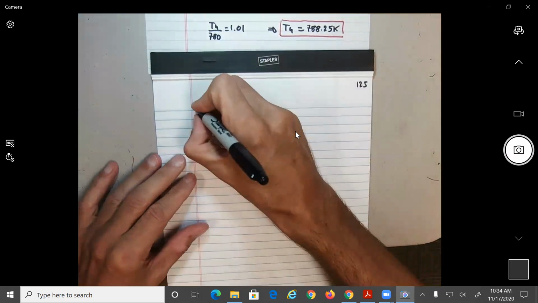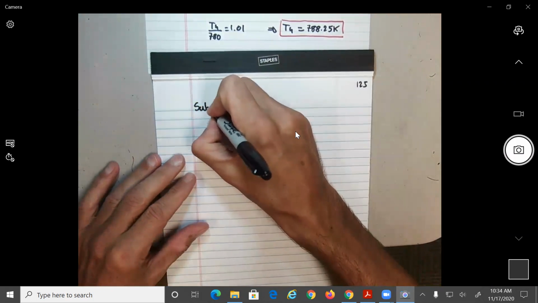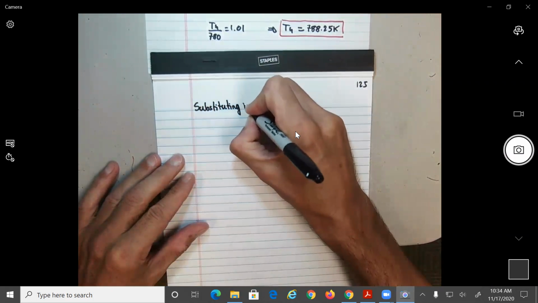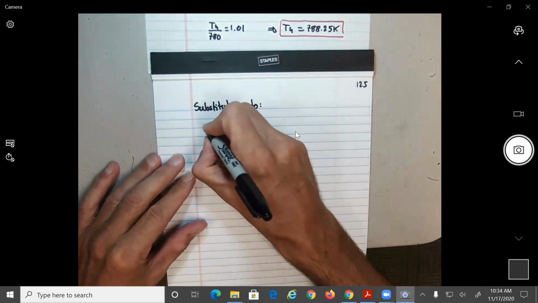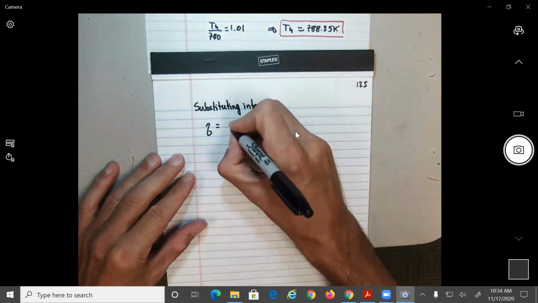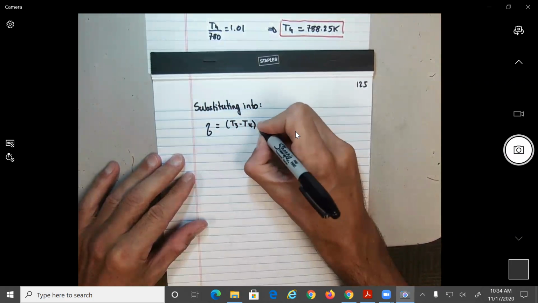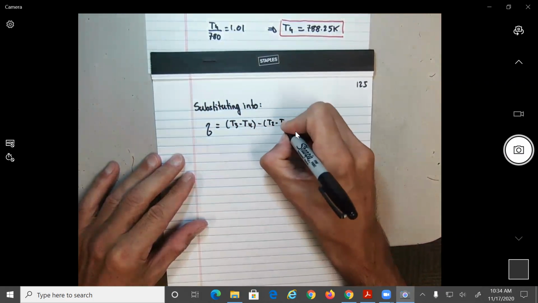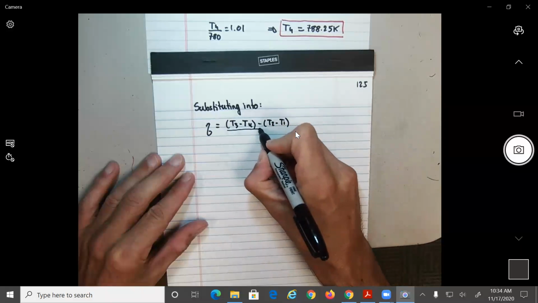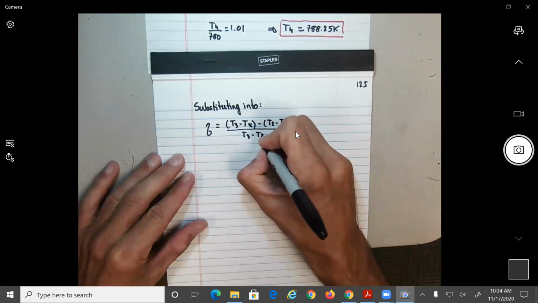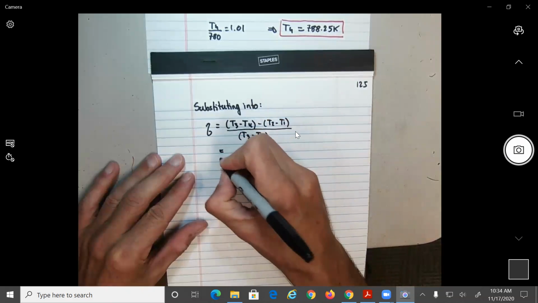All right, so substituting into efficiency equal to (T3 minus T4) minus (T2 minus T1), divided by T3 minus T2. So what do we get?